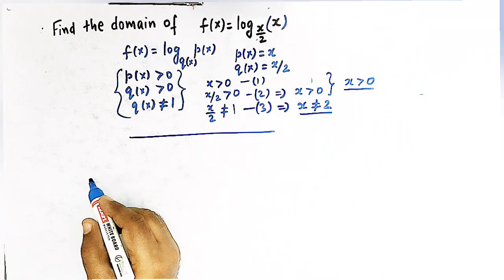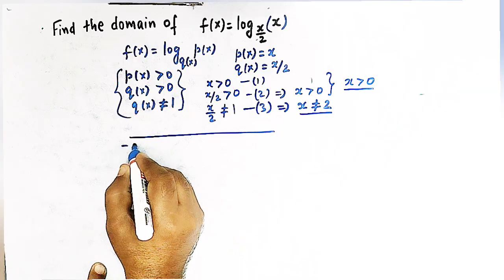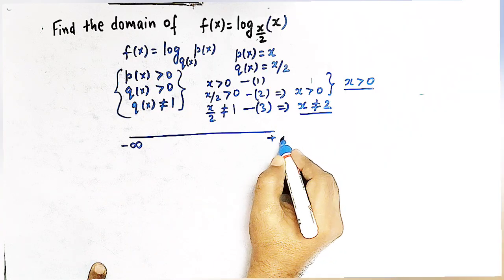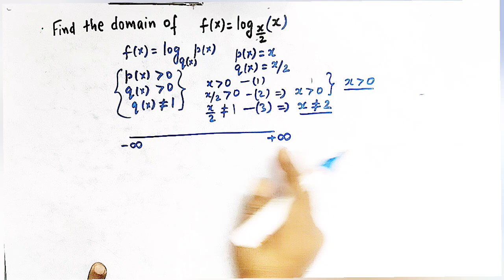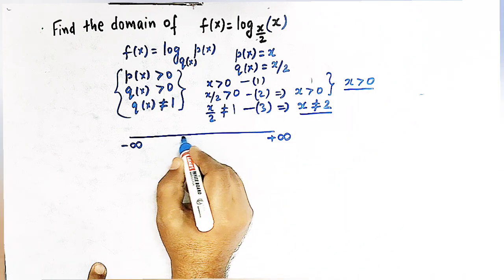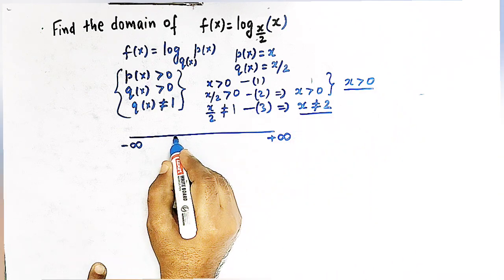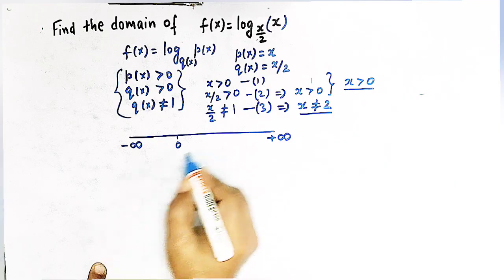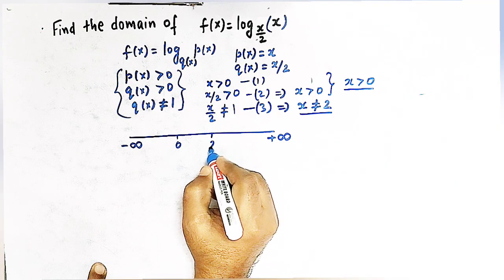Here we have the real number line, with minus infinity and plus infinity. Let us plot x equal to 0. Here we have 0, and 2 lies somewhere here.